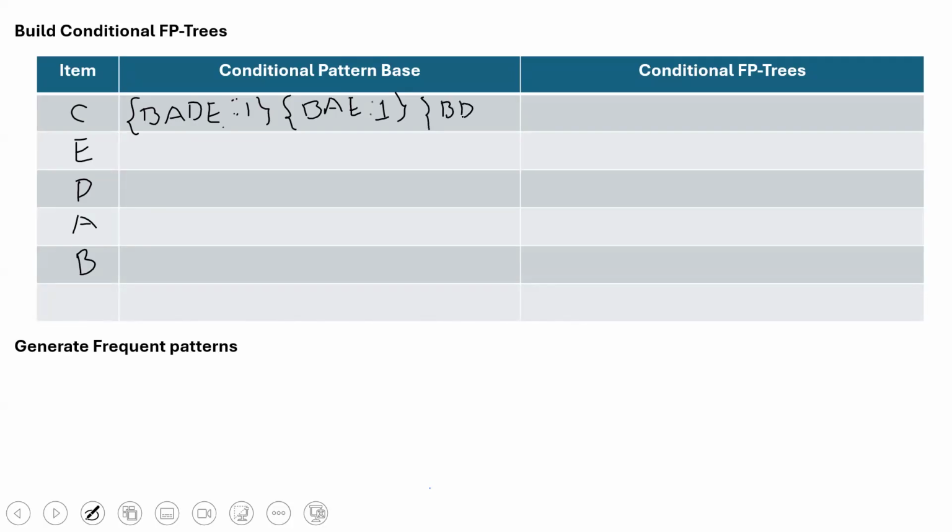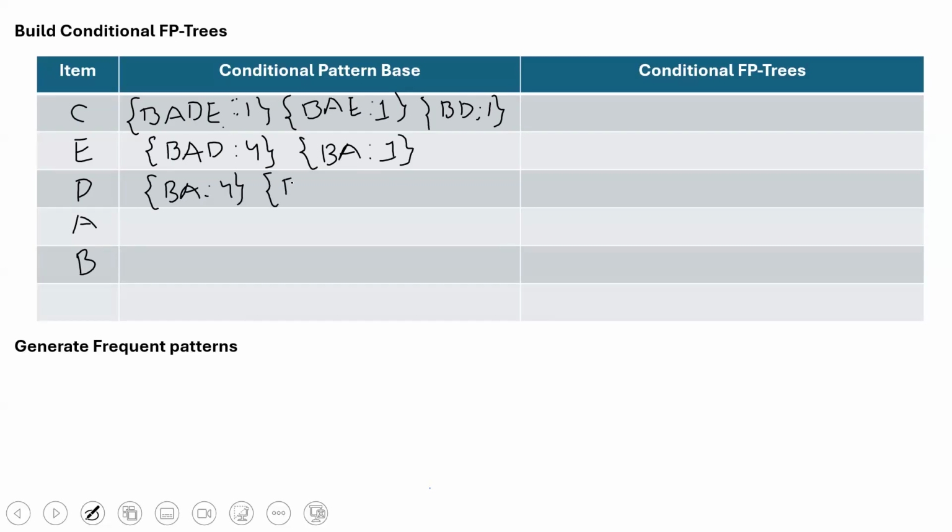BD is 1. And what about the other one? BAD is 4. BA is 1. And the other one is BA is 4.